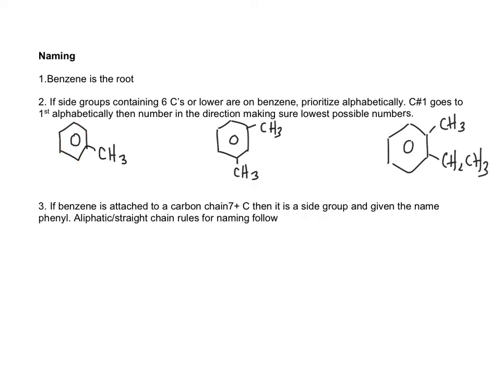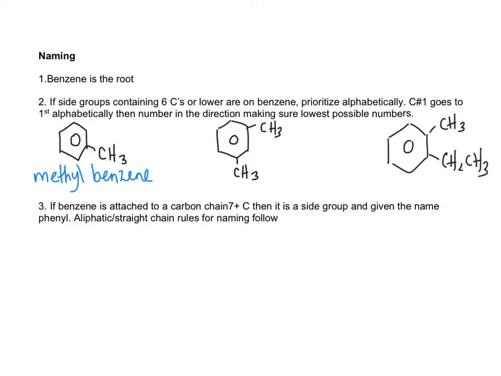Here's your benzene ring, and there's a methyl group on it. Because there's only one side group, it's understood that that is at carbon number 1. So we do not need a number, just like we didn't with the cyclic hydrocarbons. So this is just methylbenzene.